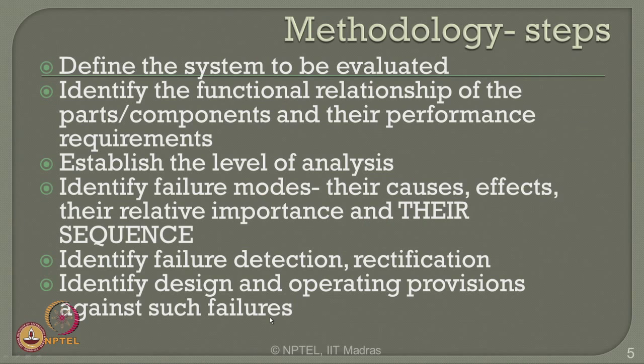If the failures are envisaged properly during experimental investigation, then you can identify any modification in the design and the operational provisions, so that these failure modes can be avoided, eliminated or mitigated completely, so that the product outcome after FMEA will be more or less a foolproof design.